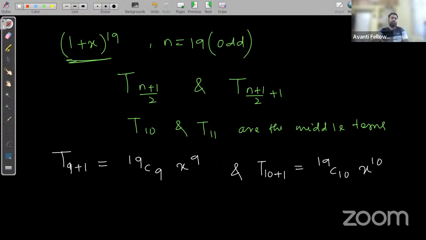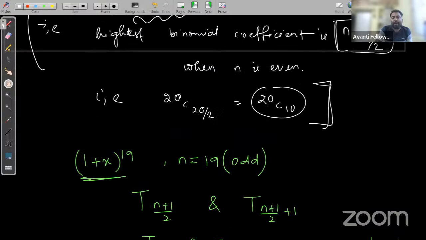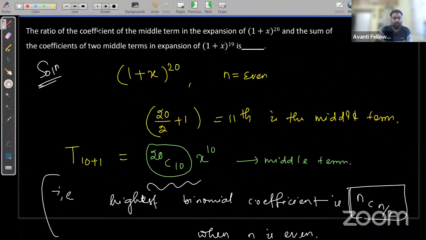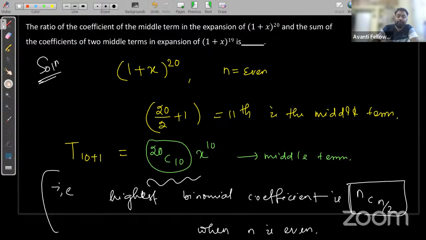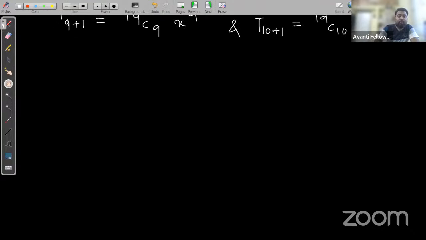So these are my two middle terms of the expansion (1 + x)^19. Now, the question asks to find the ratio of the coefficients of the middle terms. So first the coefficient. Now see the ratio of the first expansion.